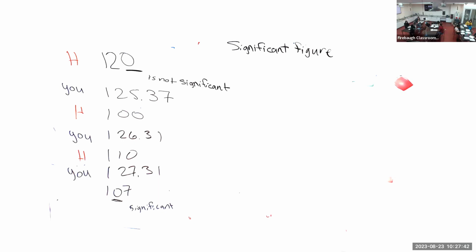So we have 2 significant figures. Okay, in this number, your number, how many significant figures do we have? We have 5. In this number, we have 1. In this number, 5. In this number, 2. In this number, and then in this number.